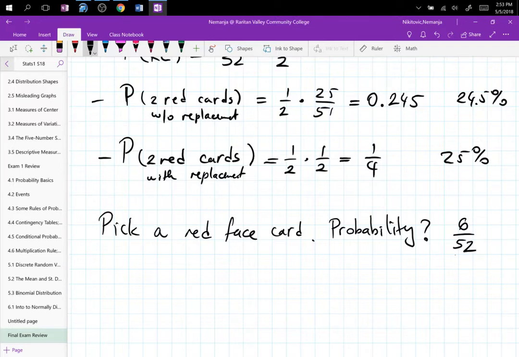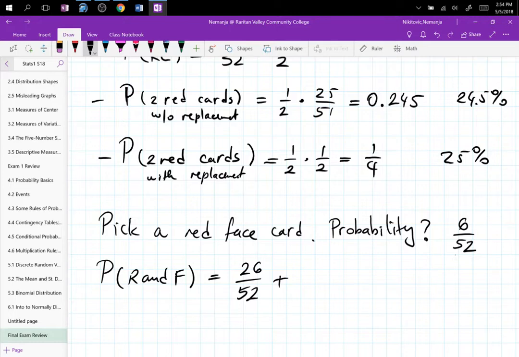Now let's take a look if we can figure out the probability using the rule. So the probability to pick the red card and the face card would be what? Well, the probability to pick a red card is 26 in 52, plus the probability to pick a face card.